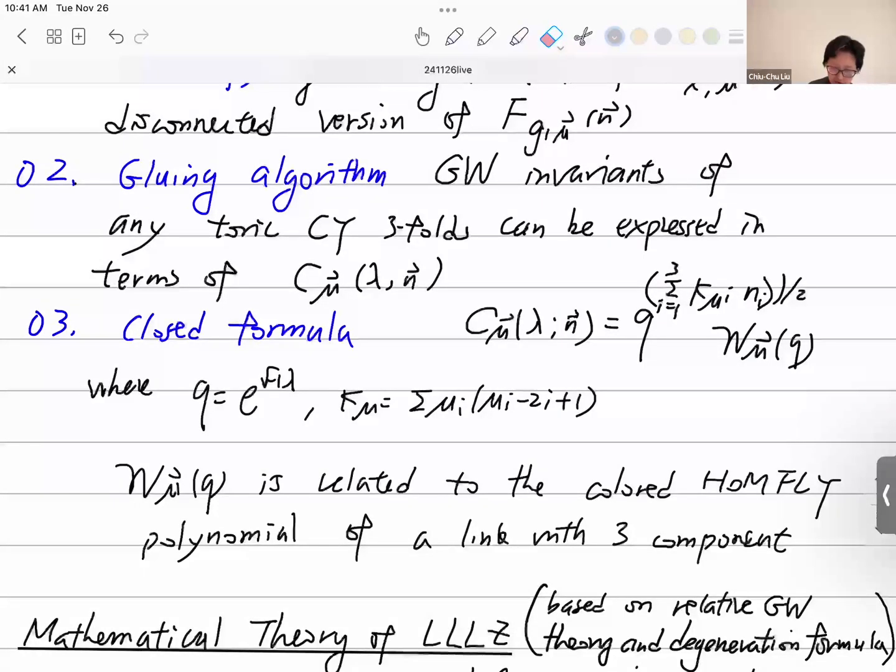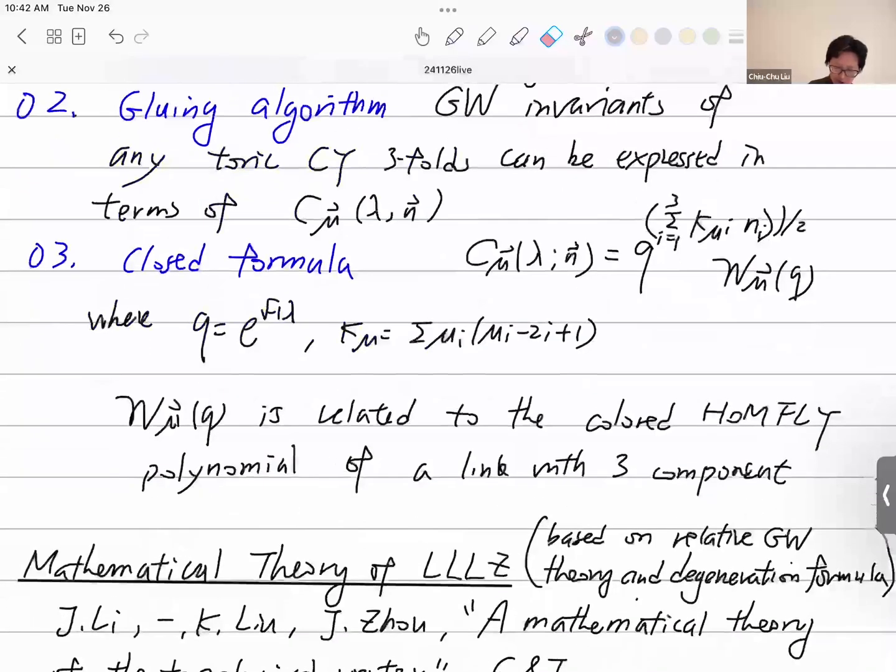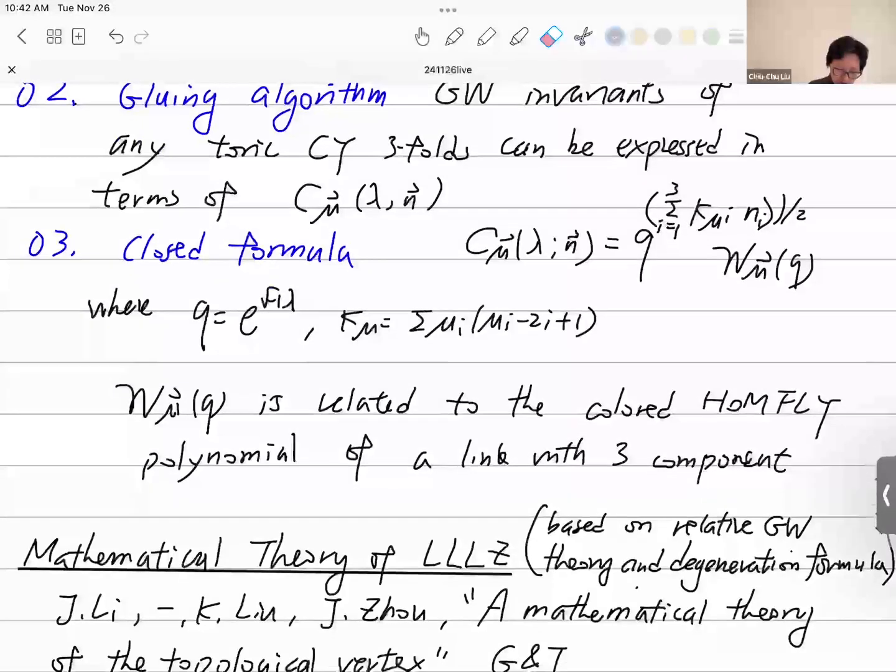And also the framing dependence is easy like this. And then this W, they get this by using large N dualities, by taking the colored HOMFLY polynomial of a particular link with 3 components, and then they get all this.